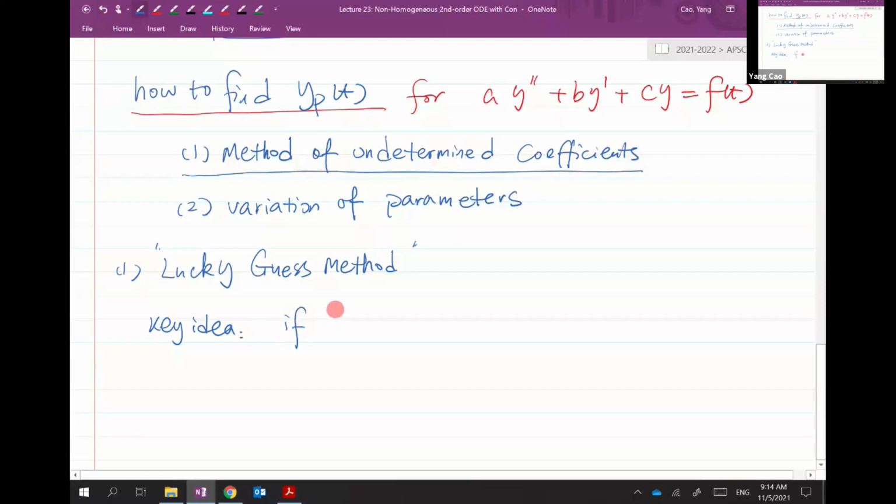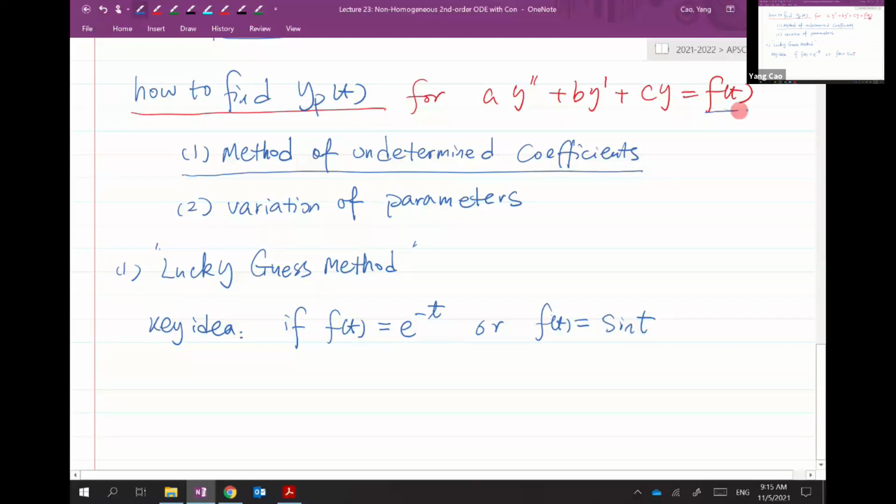So here's the idea. Let's say my f of t is e to the power negative t. f of t technically can be any function, but for some problems, for example right now, f of t is e to the power negative t, or more often sinusoidal.